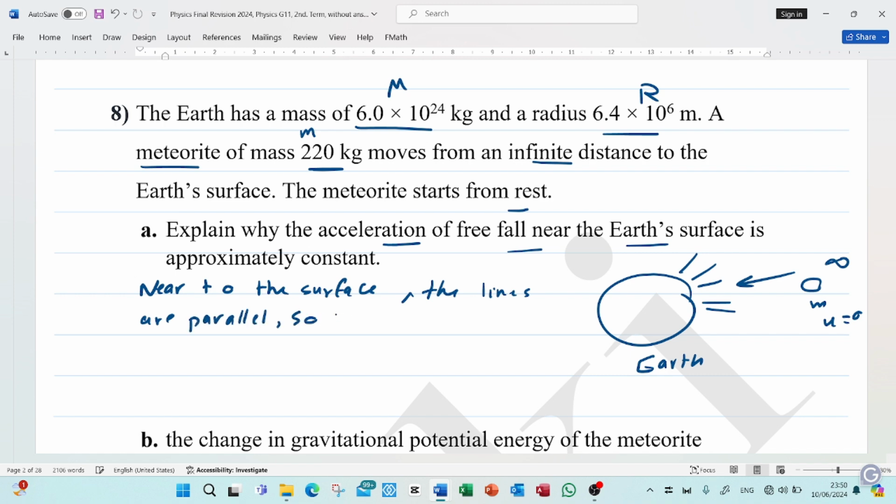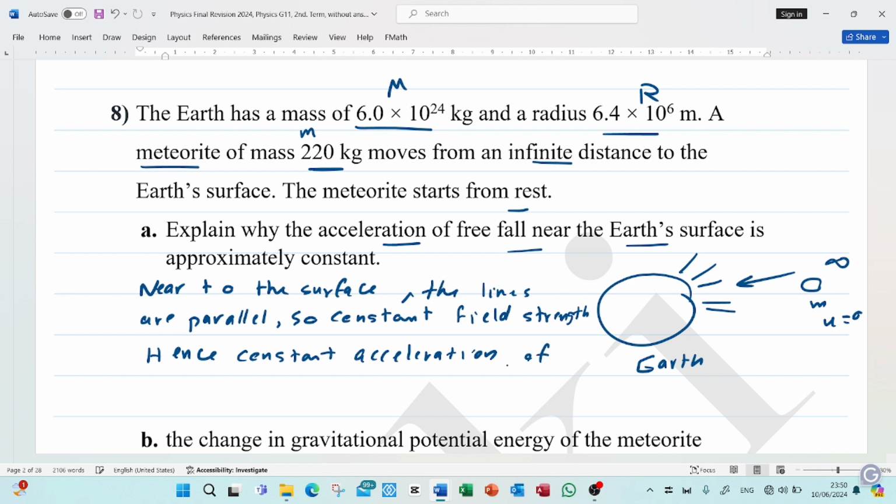So constant field strength. Hence constant acceleration of free fall. This is the answer of part A.